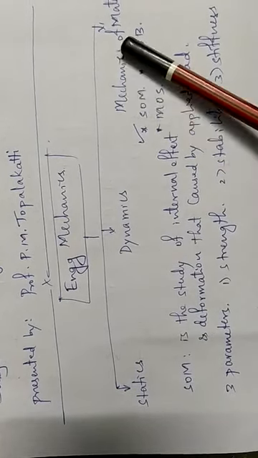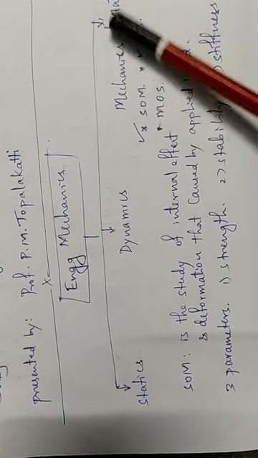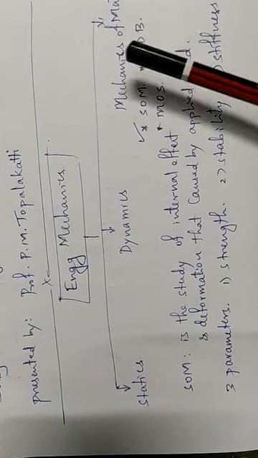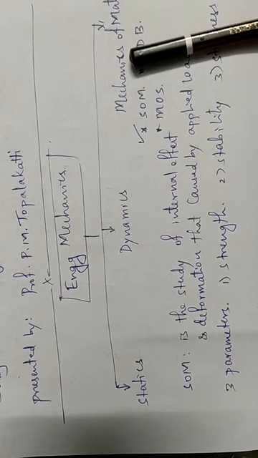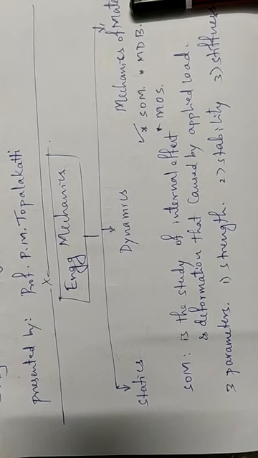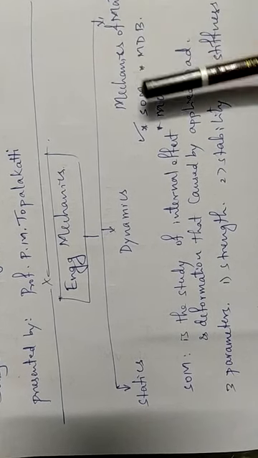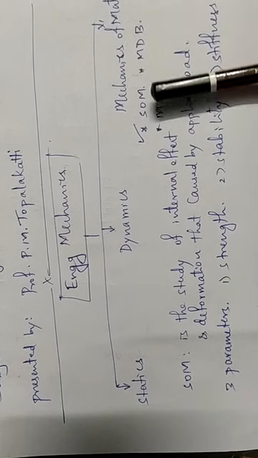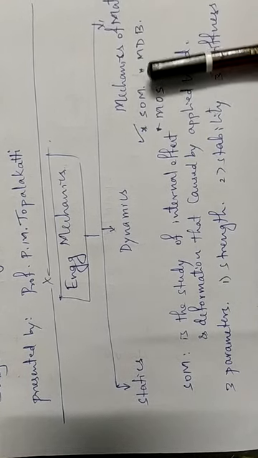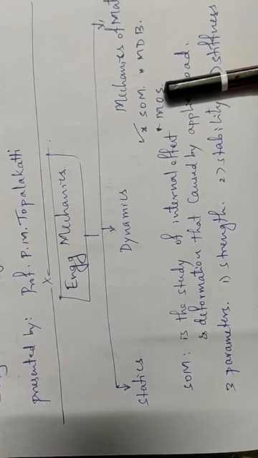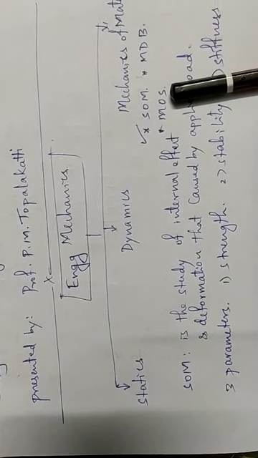Statics does not vary with time, dynamics vary with time, and the mechanics of deformable body means that you have to study the different behavior of the materials. This subject is also known as strength of material, mechanics of deformable body, or mechanics of solid.